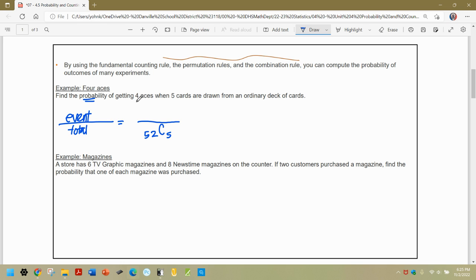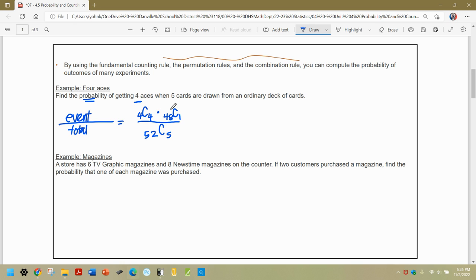I want to get four aces. Well, there's four aces in the deck, and I want to choose all four of them. And then I have one more card that I can draw to get my fifth card. So there are 48 other cards in the deck that I can choose one from.